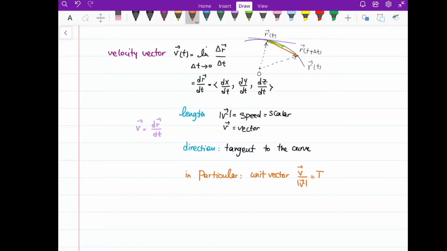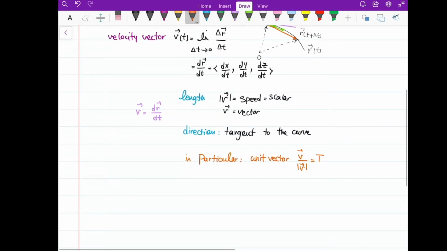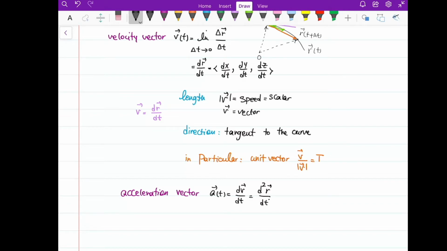There is also the acceleration vector that is important. We show it by a of t, which is basically the derivative of the velocity vector. If we have the velocity and take the derivative of that, we get acceleration. Therefore, it's the second derivative of the position vector.